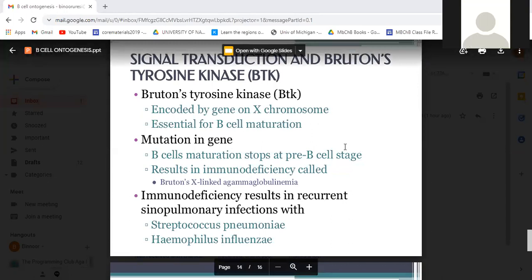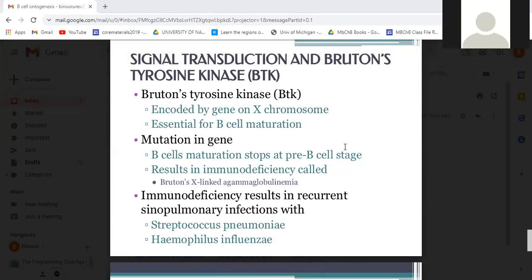So what happens? Such a person or patient may experience recurrent infections, especially sinopulmonary infections caused by Streptococcus pneumoniae or Haemophilus influenzae.